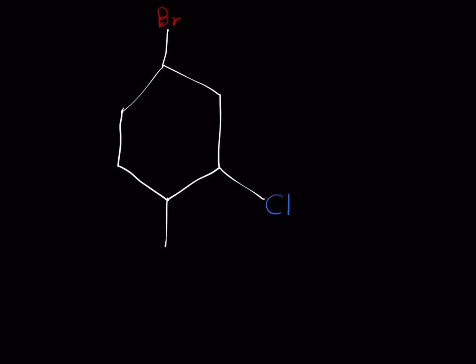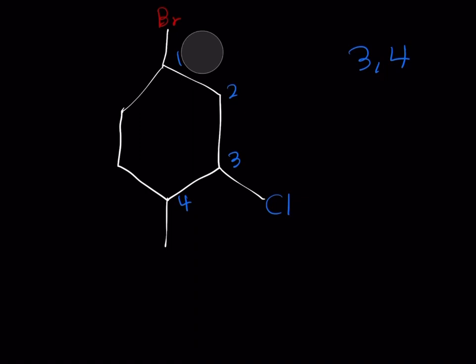So you might say in the last example we started counting at bromine because it was the first one in the alphabet and we could do that. However, in this one, if we start counting at bromine, you can see the numbers for the substituents are higher. So if we start at bromine and go toward the chlorine, the substituents beside bromine are going to be on positions 3 and 4.